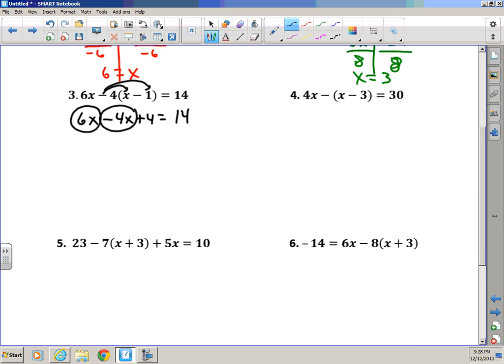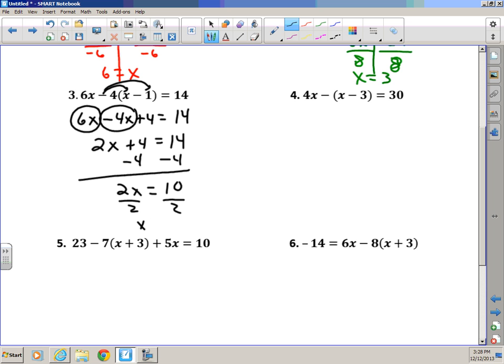I've always recommended trying to identify the two of them so as to avoid mistakes, and always pick up the sign to the left. I'm going to subtract 4. 2x equals 10, and so x is 5.